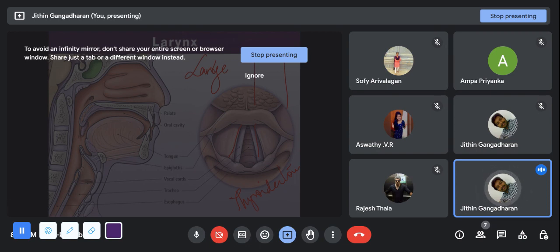After that, we ask the patient to talk. If the patient is talking properly, there is no problem. Otherwise, if there is hoarseness of sound, there may be a unilateral laryngeal nerve compression or damage due to the surgery.